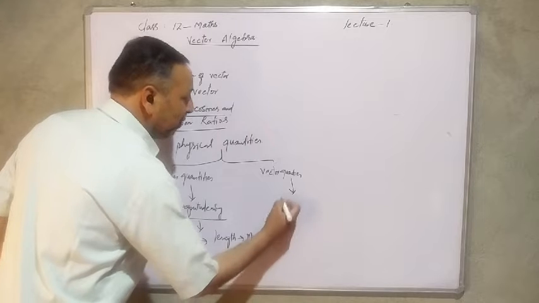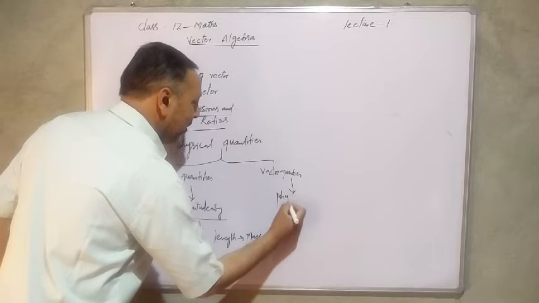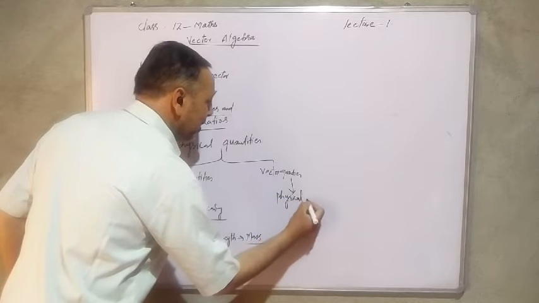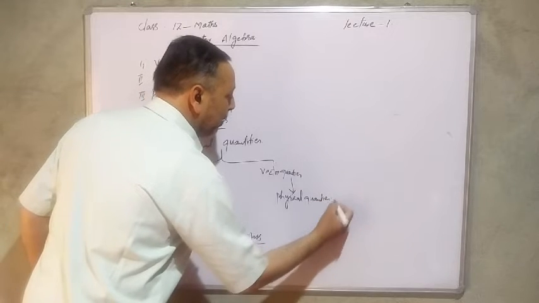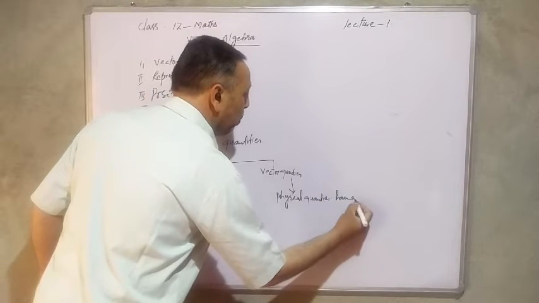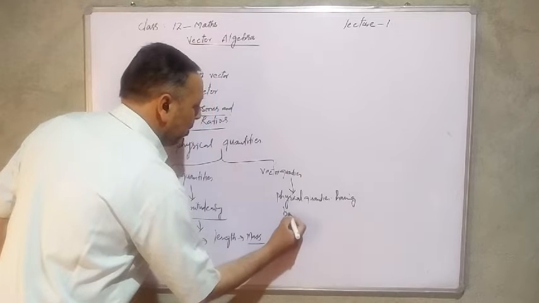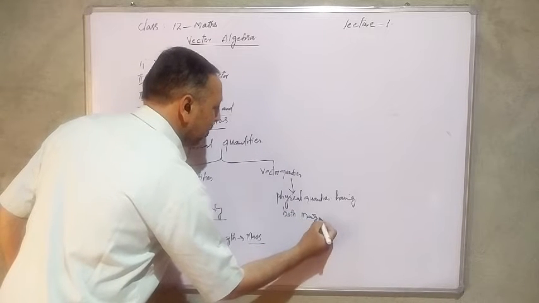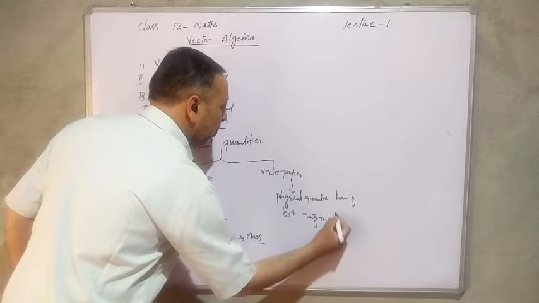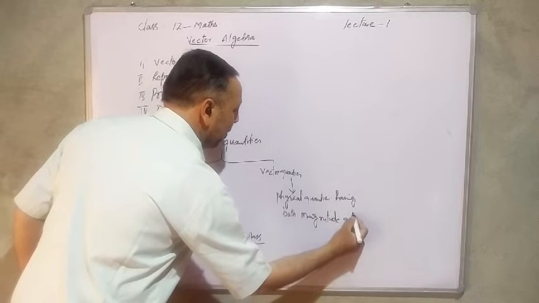Now, vector quantities. Vector quantities are the physical quantities having both magnitude and direction.